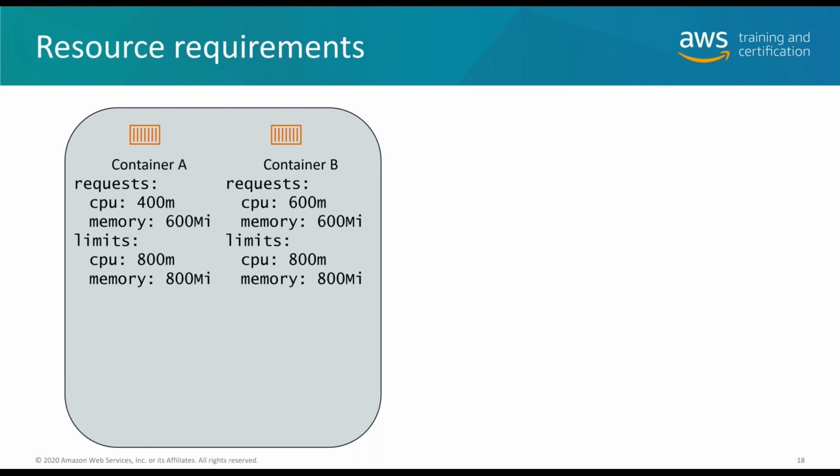So with this request here where it says 600 milli CPU for container B on the right-hand side, that 600 milli CPU means it wants 60% of a processor. That's what it's asking for. So just know that 1,000 milli CPU is equal to one CPU in Kubernetes parlance. So if it says 600 milli CPU, they're asking for 60% of a processor. Okay?